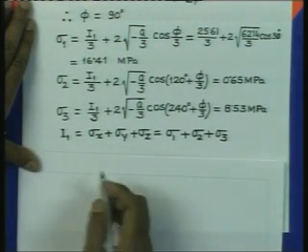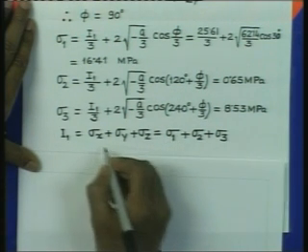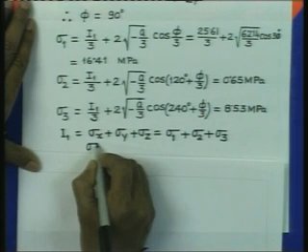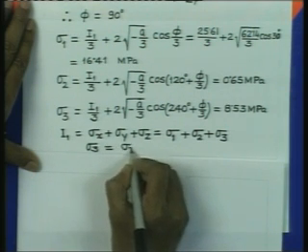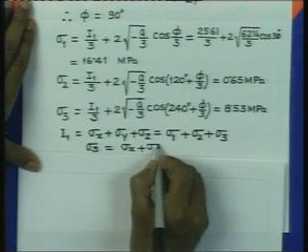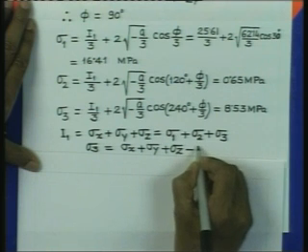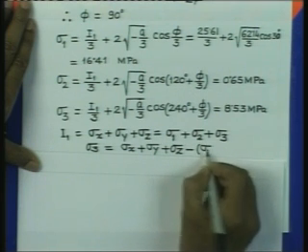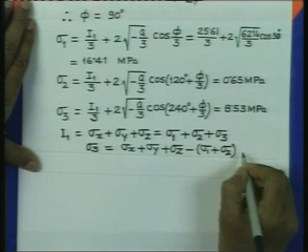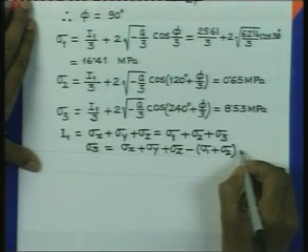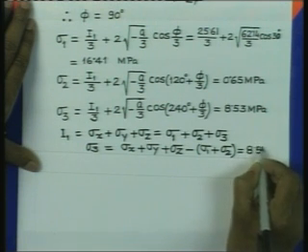Now, we have already got the values of the two stresses sigma 1 and sigma 2, and therefore, sigma 3 is equal to sigma x plus sigma y plus sigma z minus sigma 1 plus sigma 2. So, this can be a simpler way of going about, and if you calculate, this will also become 8.53 MPa.